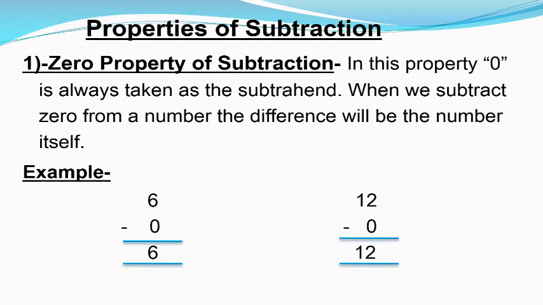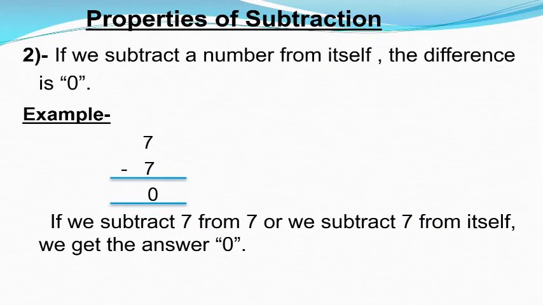Let us take the numbers 6 and 0. When we subtract 0 from 6, we get the difference 6. In the next example, you can see when we subtract 0 from 12, we get the difference 12.